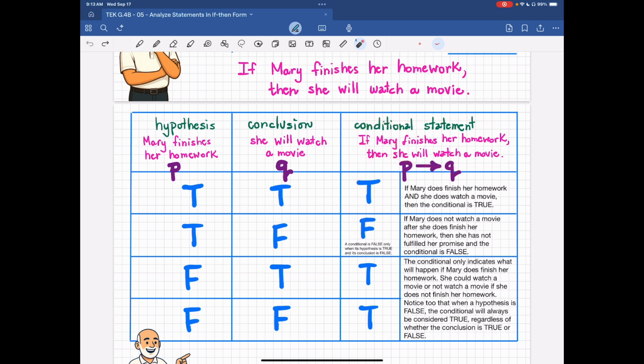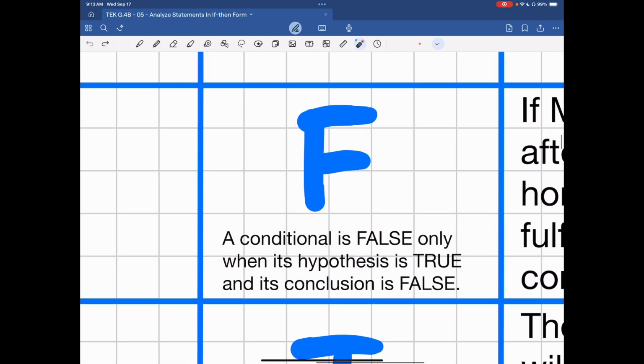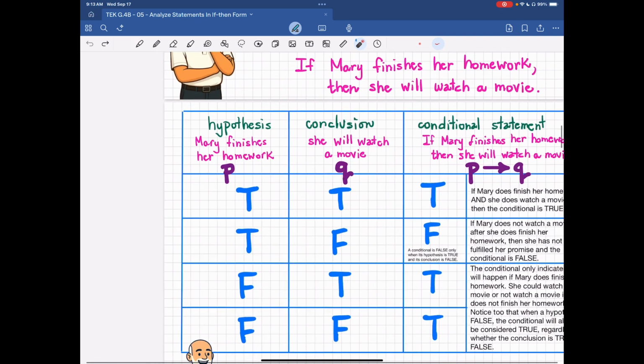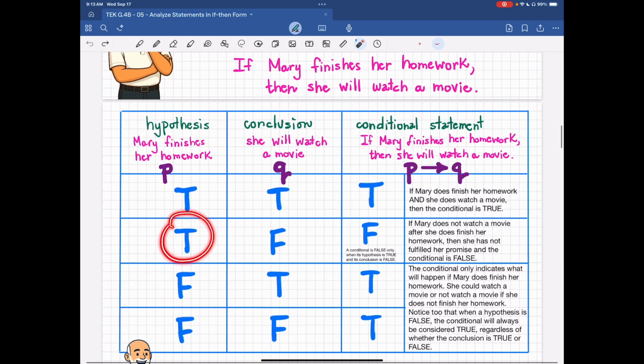But I also want to emphasize this right here. Look, a conditional statement is false only when its hypothesis is true and the conclusion is false. So here we have a true hypothesis and a false conclusion, okay? And that turns this into false.